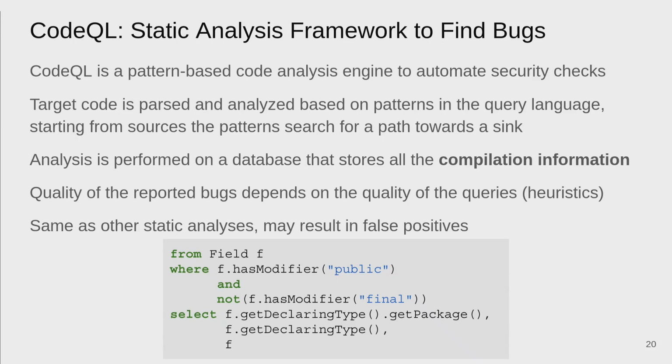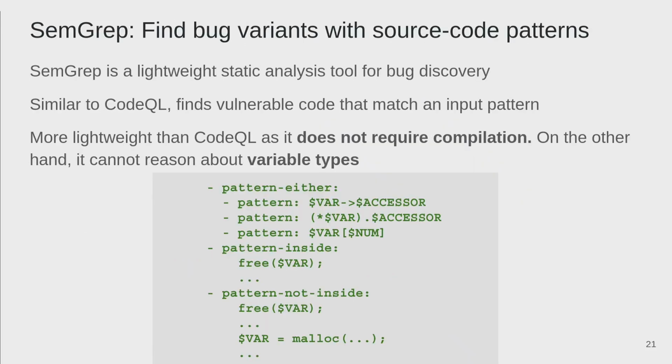An alternative to CodeQL is SemGrep, where you can similarly encode source code patterns in a much more lightweight manner. So similar to CodeQL, it finds vulnerable code that matches a certain pattern, but without parsing. CodeQL parses the underlying source code, validates types, analyzes include files and whatnot. SemGrep is much more lightweight.